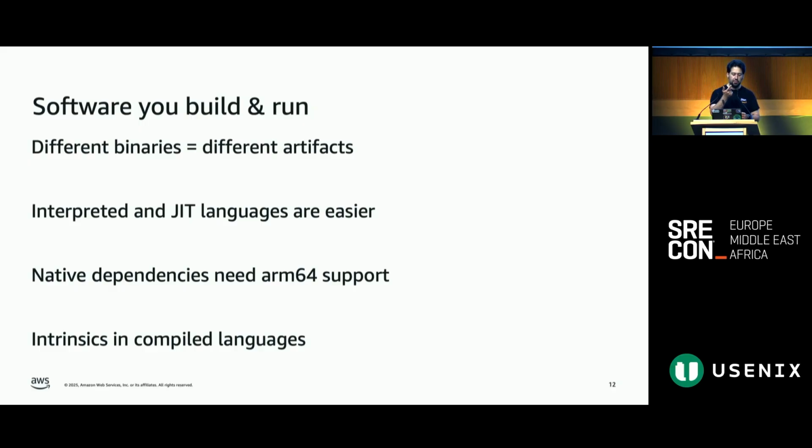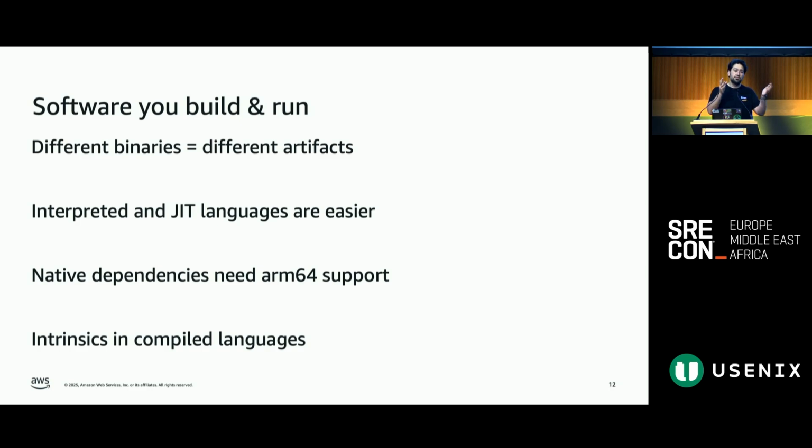And in compiled languages, we are usually looking for intrinsics, like we're looking for pieces of assembly code embedded that is utilizing a specific feature of that CPU architecture that you're running on. Native dependencies, by the way, can also be in Java.